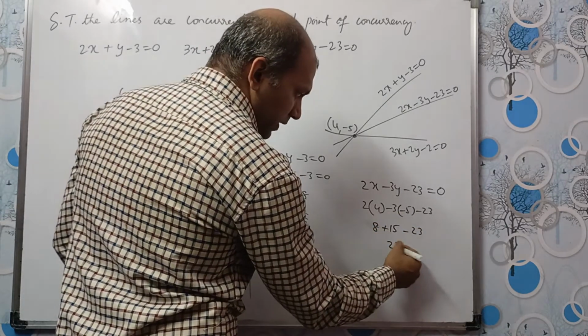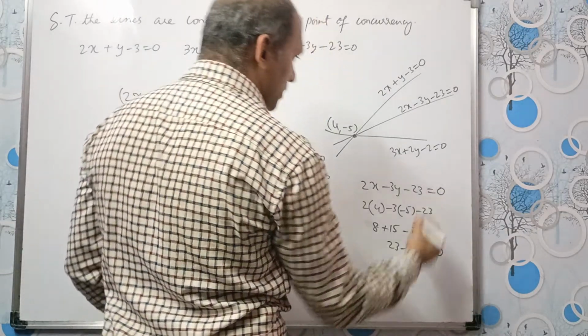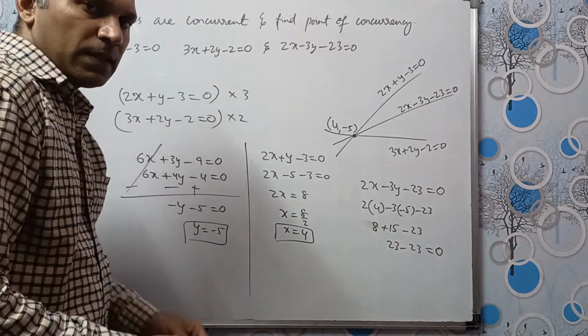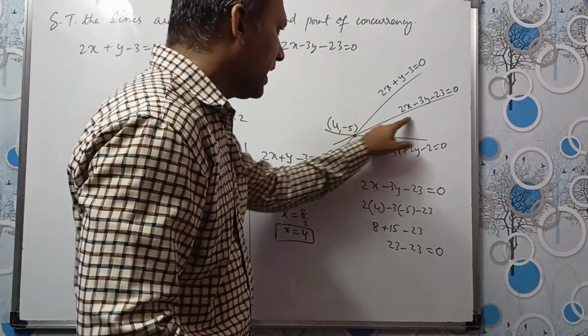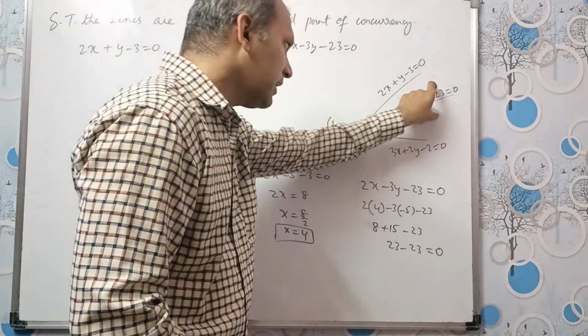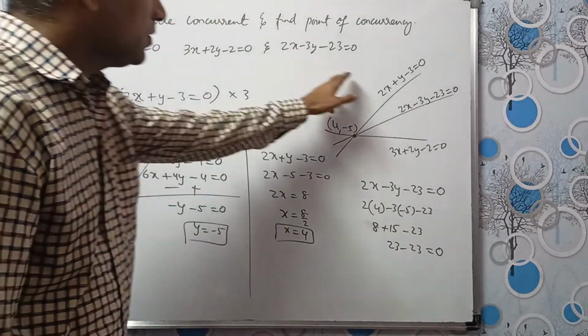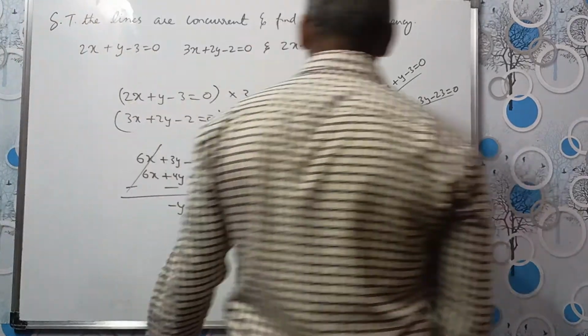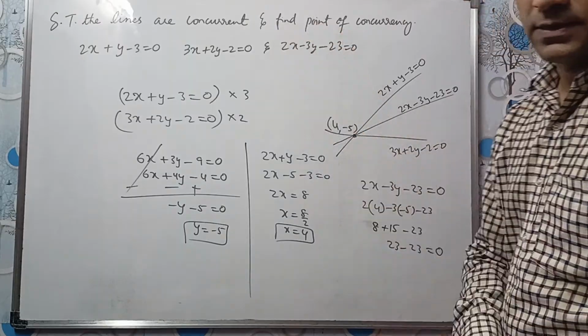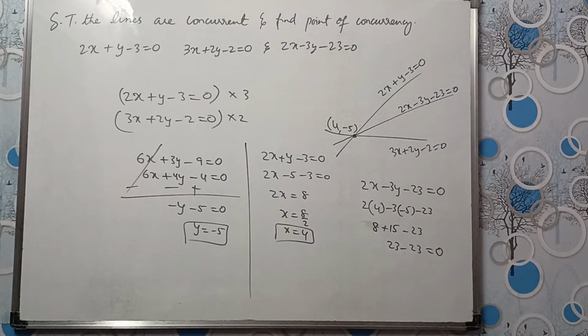See, this is 23 minus 23, it is equal to 0. So 4 comma minus 5 is lying on this straight line, which means this straight line is passing through this point. In other words, yes, the given three straight lines are concurrent.